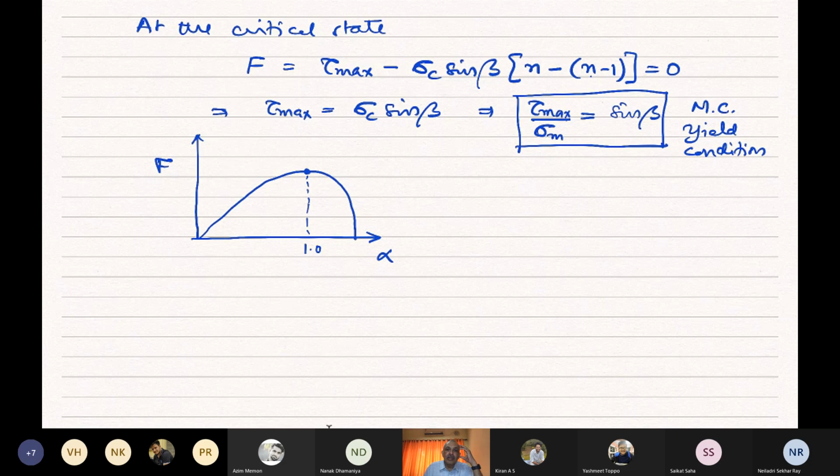So this is the key feature of the critical state theory, that the yield function depends on the density, but once you're at the critical state, what the yield function gives you is exactly equal to what the Mohr Coulomb yield condition would have given. So, the main point is that the critical state theory doesn't contradict Mohr Coulomb.